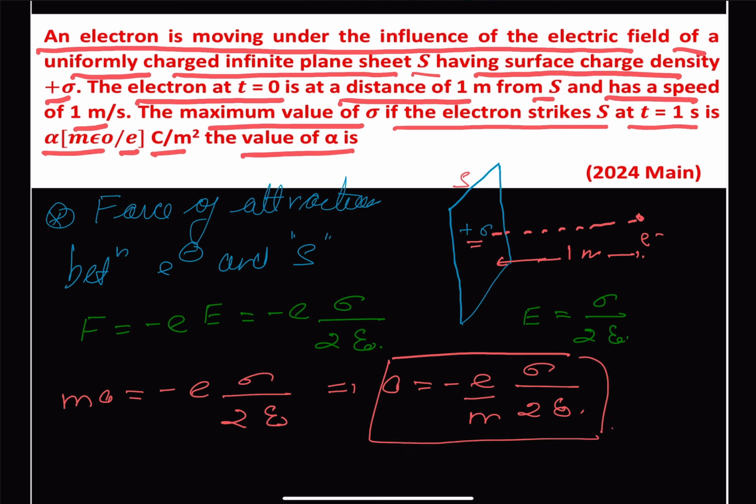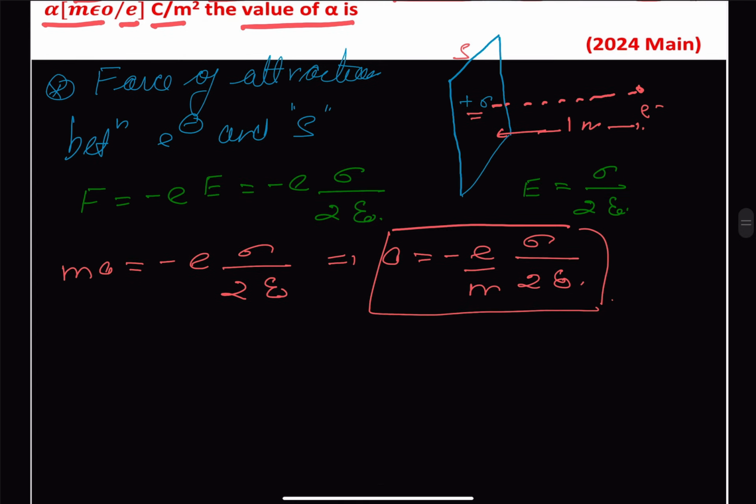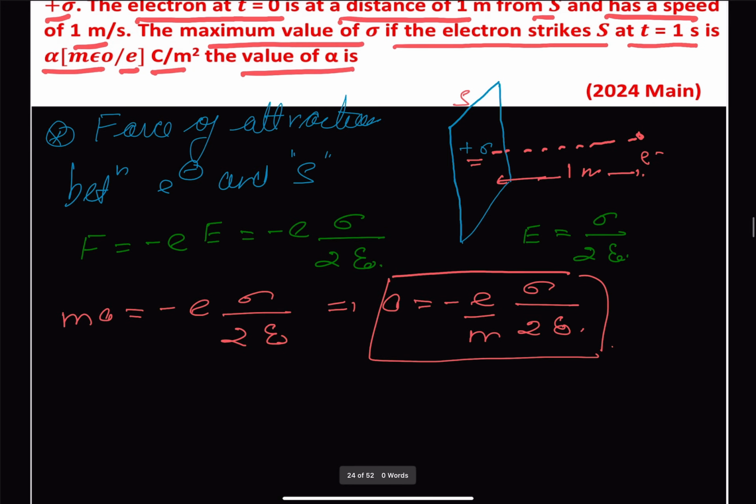The acceleration is negative because it is moving towards the sheet, in the opposite direction. And we are interested in finding out the maximum value of sigma. Acceleration we already know, distance we know, time we know. We can simply use the equation of kinematics.